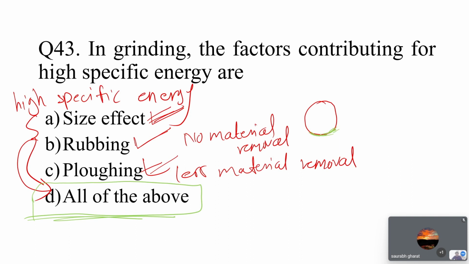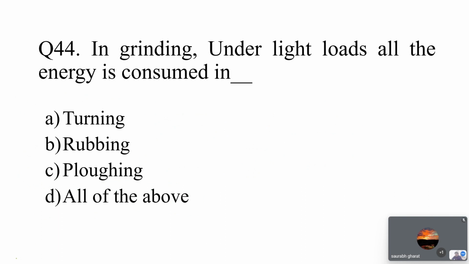With light load, only the rubbing process will happen. In grinding at light loads, all the energy is consumed in the rubbing process. So rubbing is the correct answer.